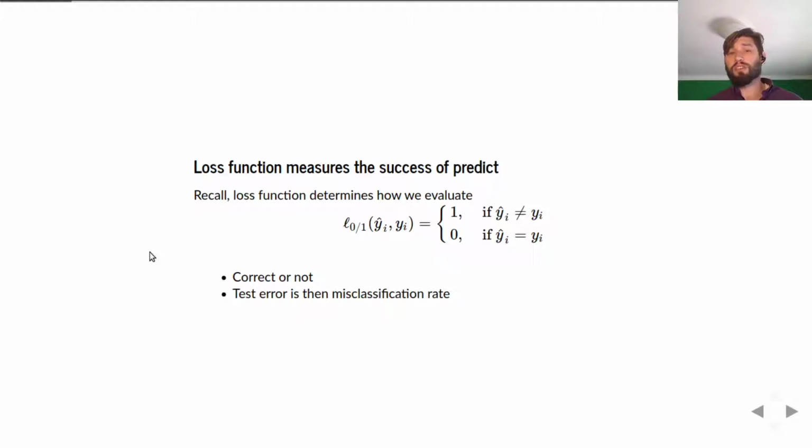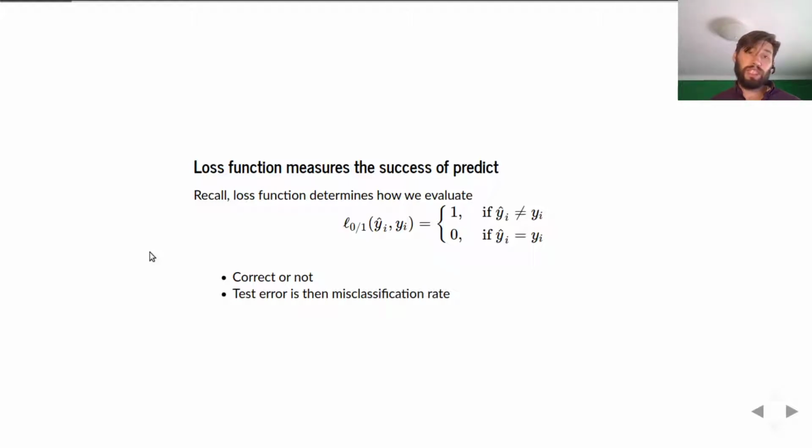Let's recall that our loss function for binary classification, we're going to tend to think of as the 0-1 loss. This is very different from the square error loss in a lot of ways. The basic idea is if I'm predicting y hat to be 1 or -1, then we just see if yi matches that 1 or -1. I incur a loss if I'm wrong, and I don't incur a loss if I'm right.